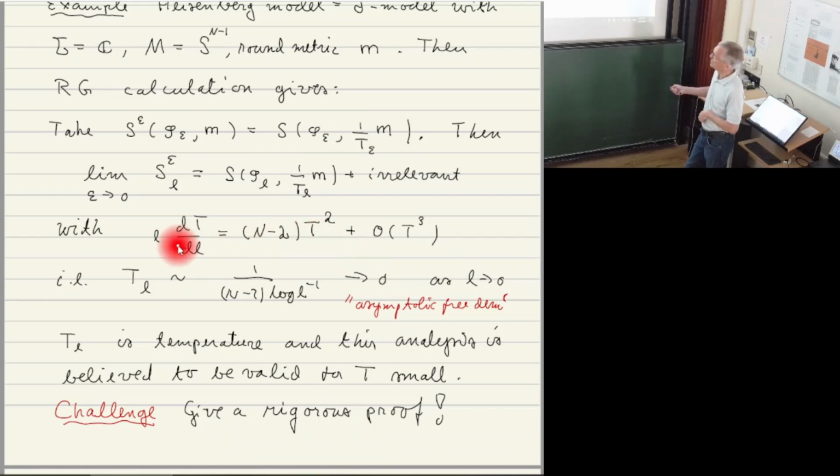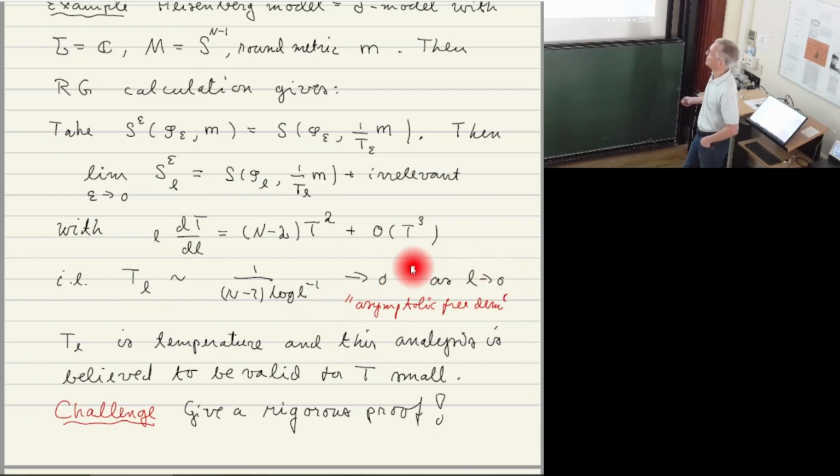If you solve that equation, and you just take it literally, it says that T of L depends on L like, well, there's n dependence, 1 over (n minus 2) times log of L inverse. So, in particular, this T of L is smaller and smaller as L goes to 0. So you have to put here T of L smaller and smaller. And then it's sort of reasonable that there must be some truth in this calculation, which is supposed to be done for small t.